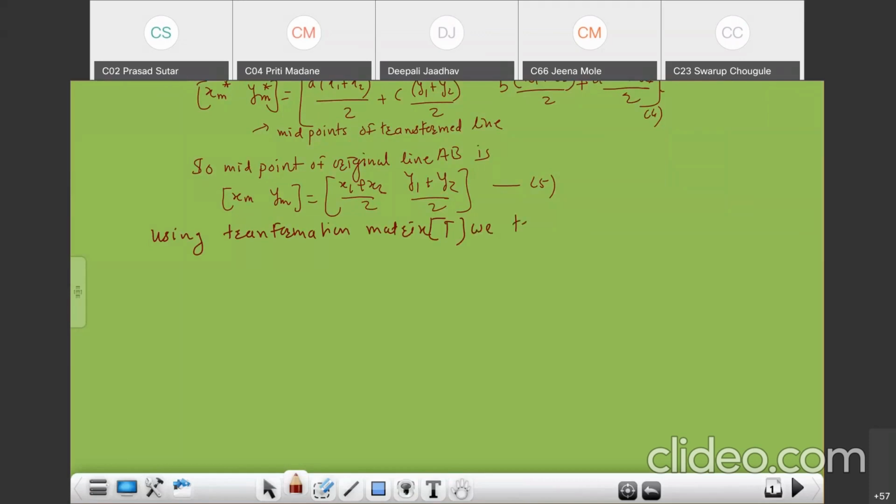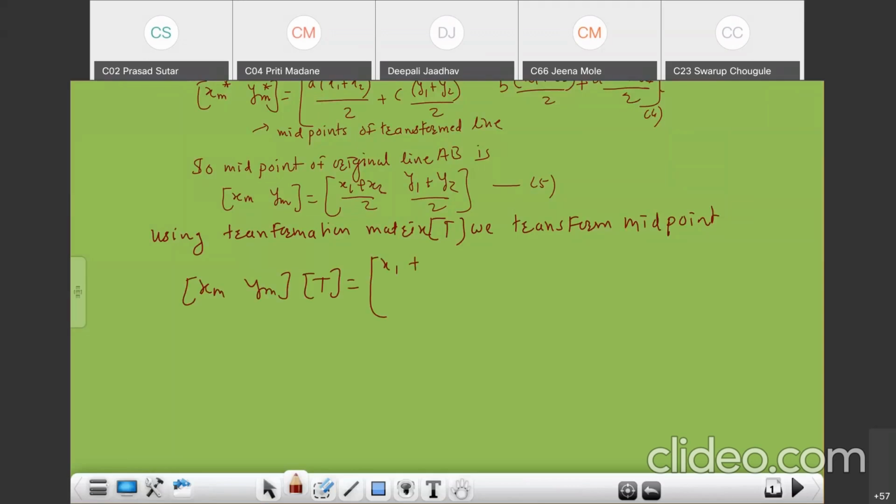We transform only this midpoint. So xm, ym multiplied with T.